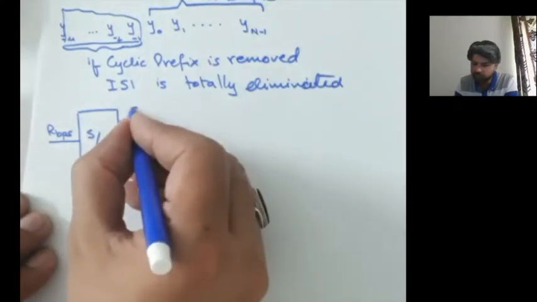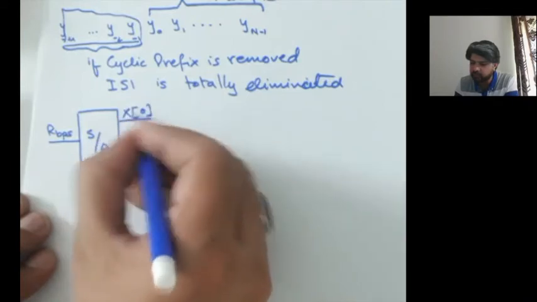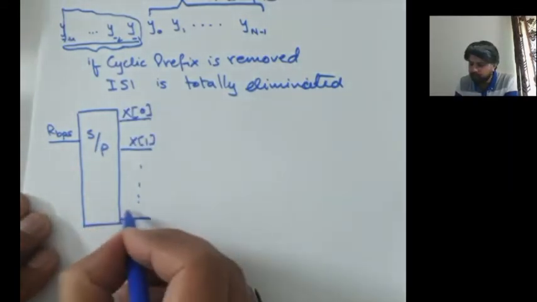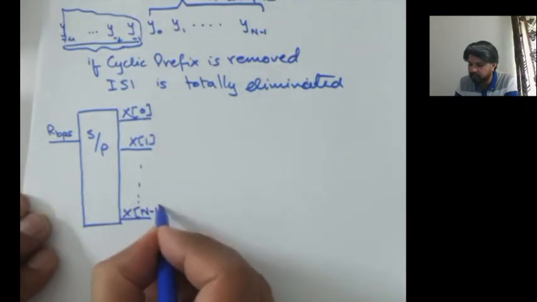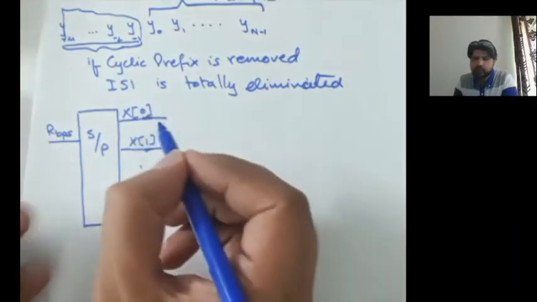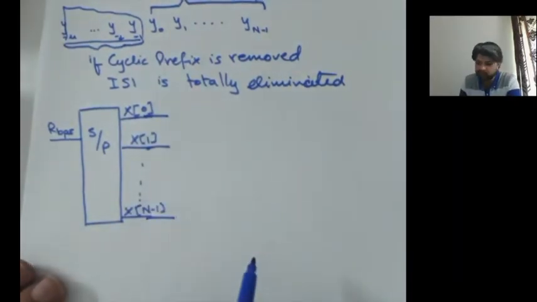You would call them x sub 0, x sub 1, all the way to x sub capital N minus 1. So you would have these capital N symbols, and these would be transmitted on different subcarriers.